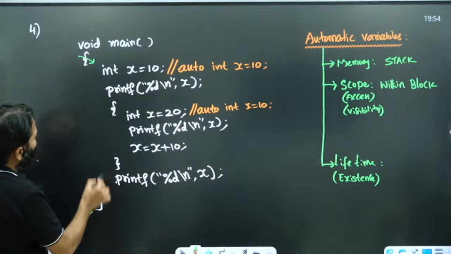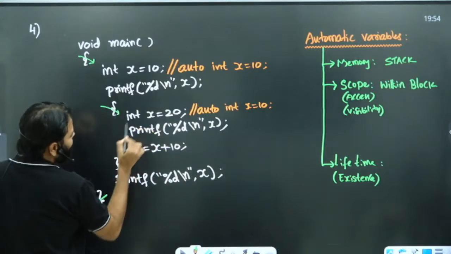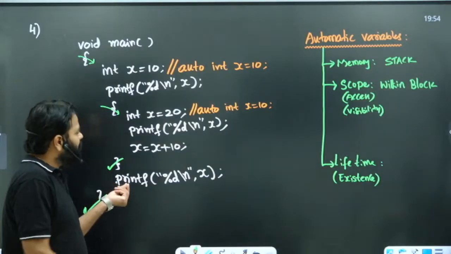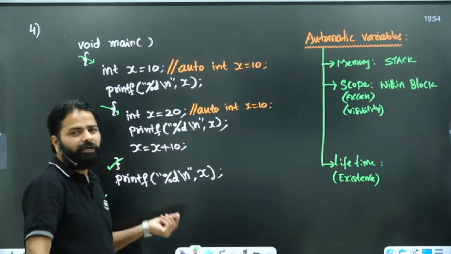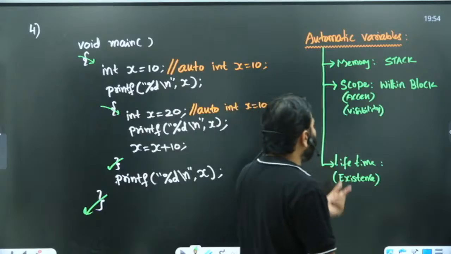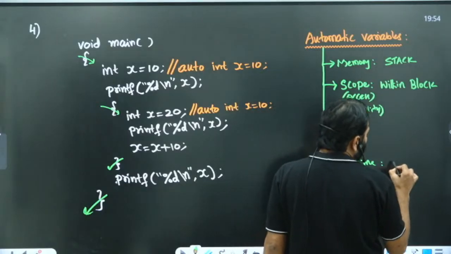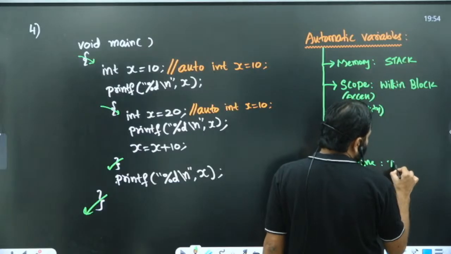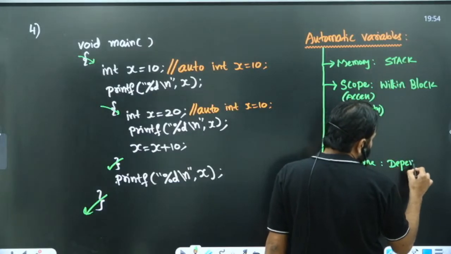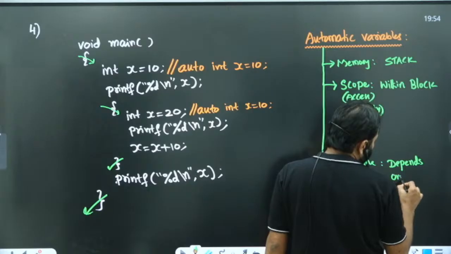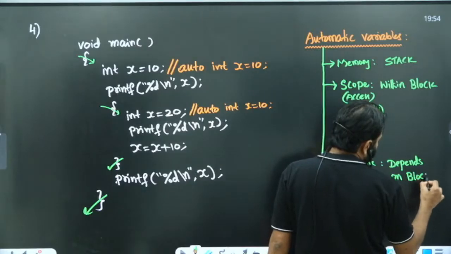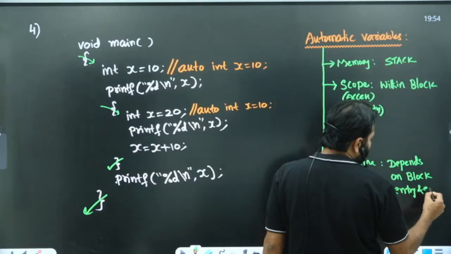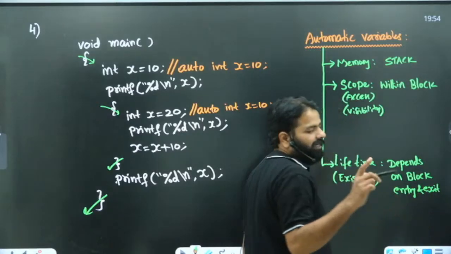The same way, when you enter this one, it will be created, and when you go out, it will be deleted. So when I am here, this X is not available in your system at all. So lifetime also depends on the block: entry for creation and exit for deletion.